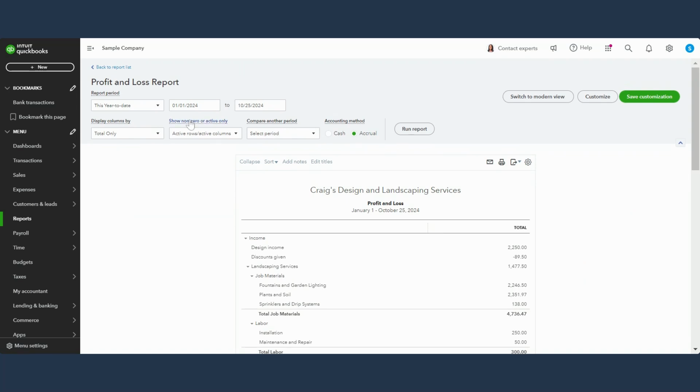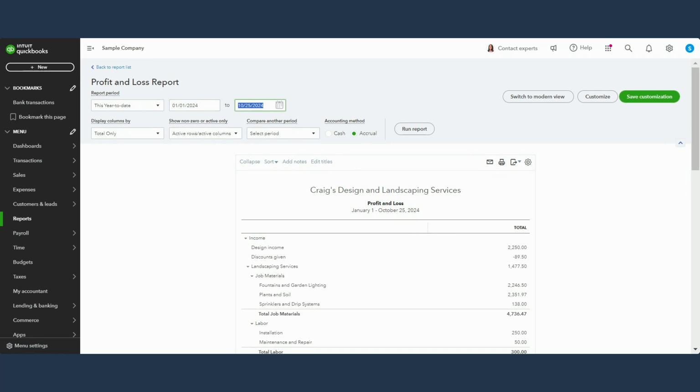Okay. So we look at the profit and loss report. You can do a report for last month, last year, or any kind of period you want to pick. What I like doing is pulling it in a few different ways. For example, not just pulling the last few months, but pulling the last few months as compared to last year.